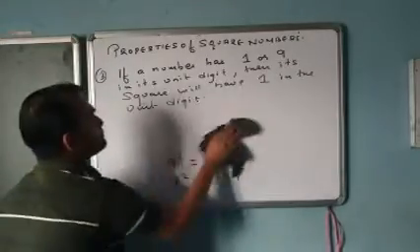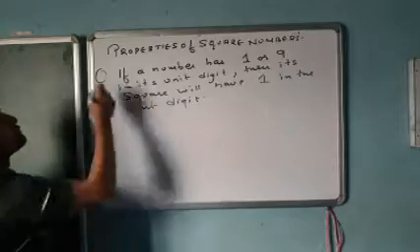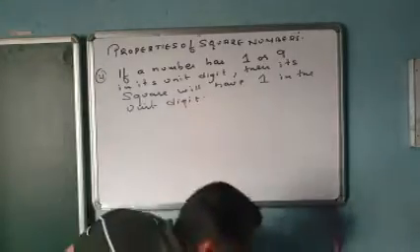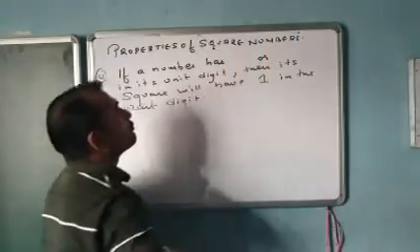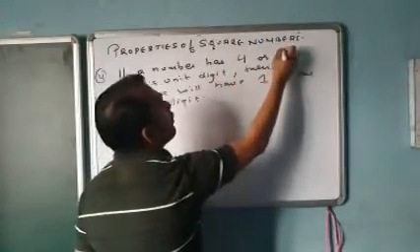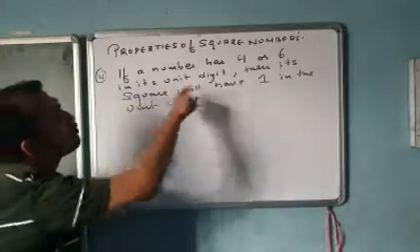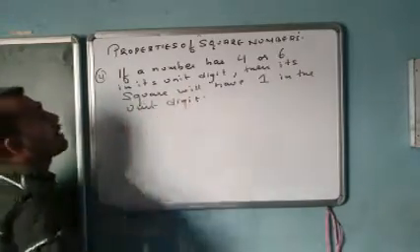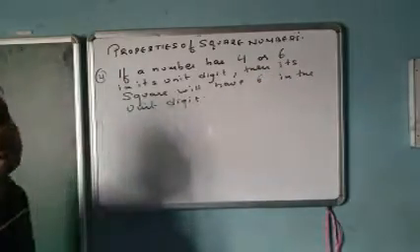Similarly, property number 4. If a number has 4 or 6 in its unit digit, then its square will always have 6 in the unit digit.